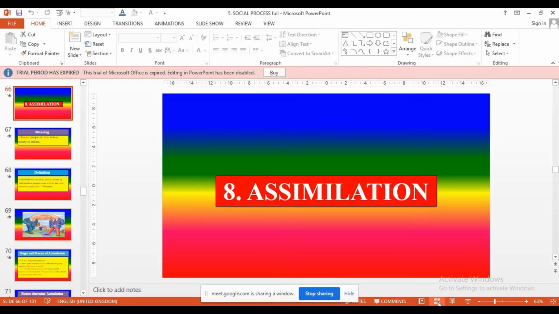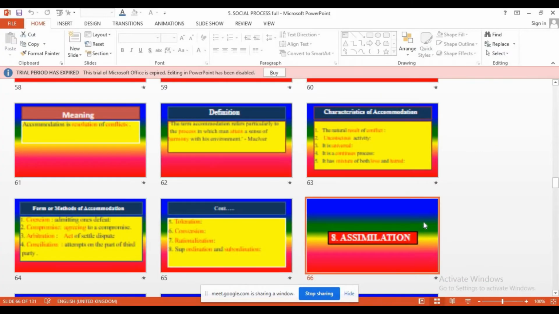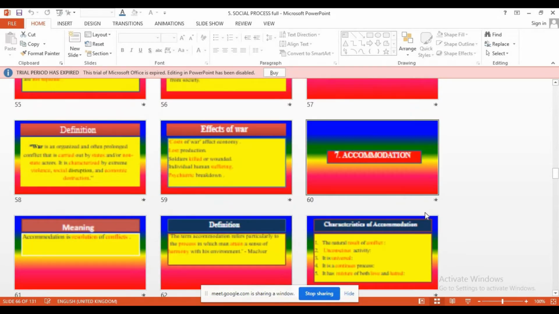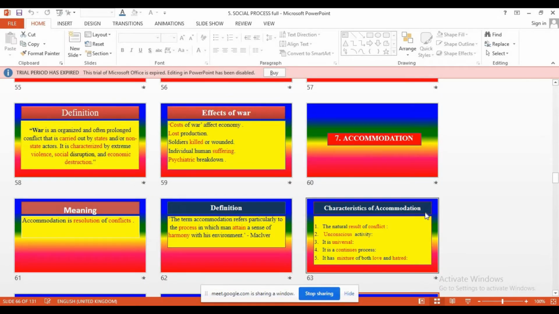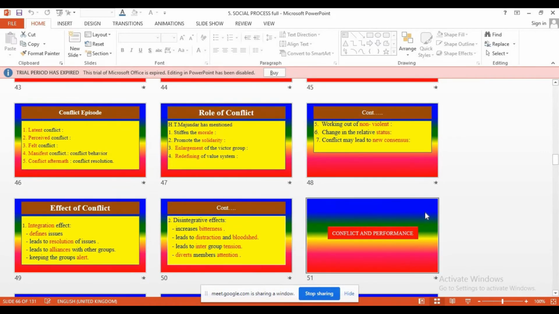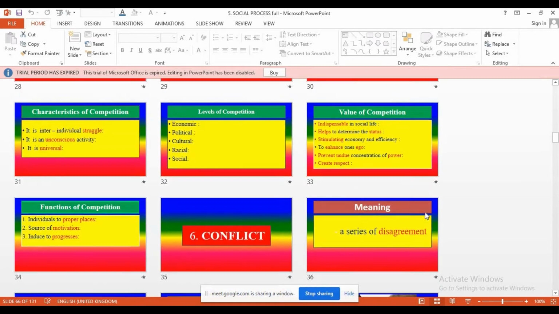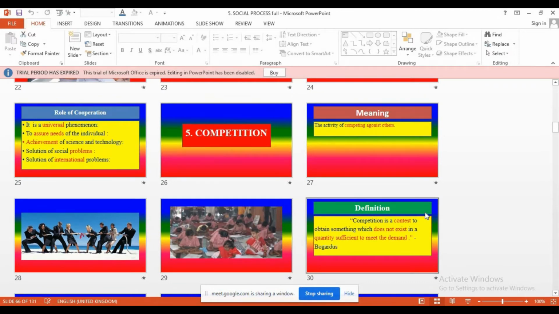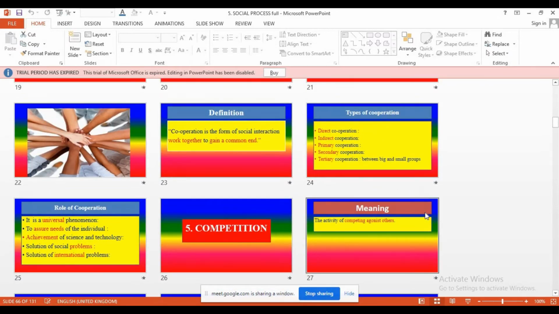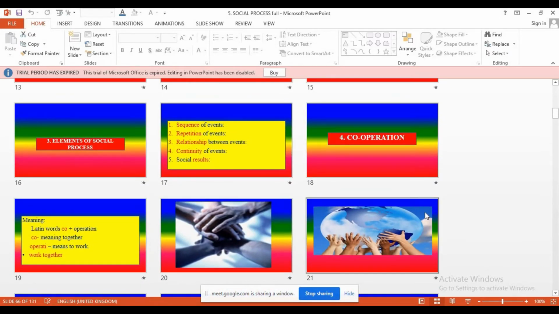Learn previous class. Look at this: accommodation, conflict, competition, cooperation.